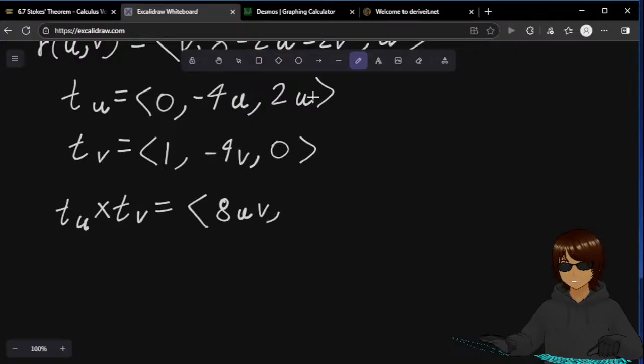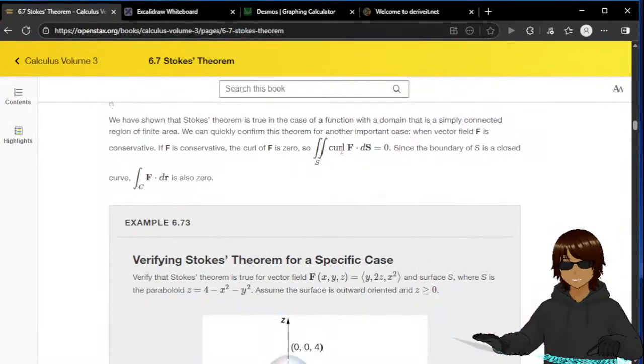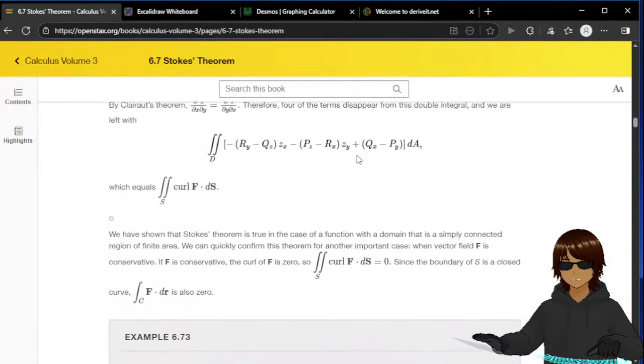This minus this, but it multiplies with minus 1 because it's in the middle. This minus this. And then what? Curl of F dot dS.